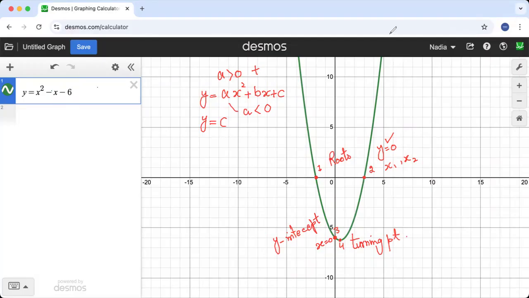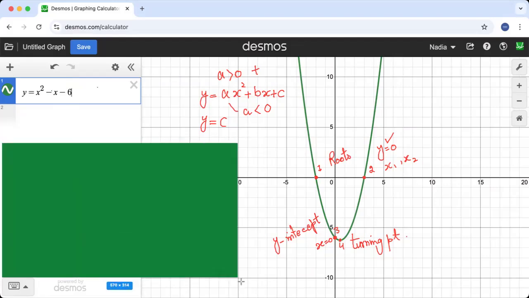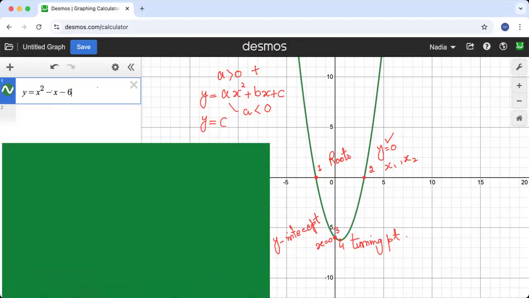Now let's move ahead and try to solve this parabola using the quadratic formula. So for this, let's have a small green board here. Now we look at the quadratic formula.